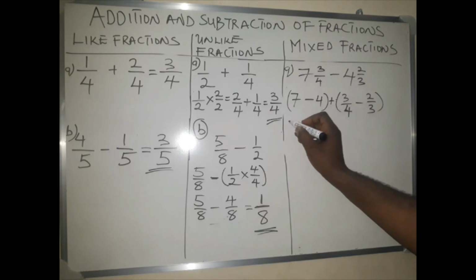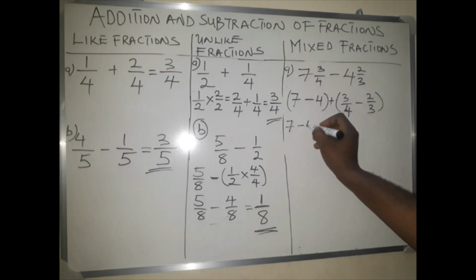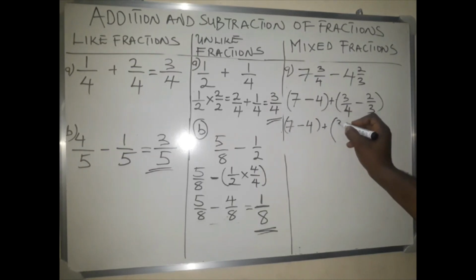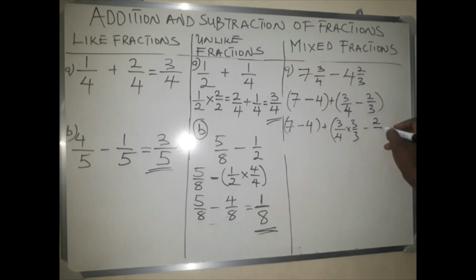So what I'll do here is I'll say 7 minus 4 plus, in bracket, 3 over 4 times 3 all over 3 minus 2 over 3 times 4 over 4.